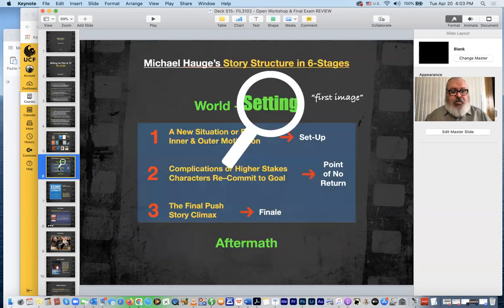So jumping into week 9, we had the first image concept that comes out of the world building portion of the semester. We had Michael Hauge's story structure in 6 stages as an example, talking about the setting, the world as it is prior to the inciting event, as it's described by folks like Lajos Egri and Robert McKee, for instance.